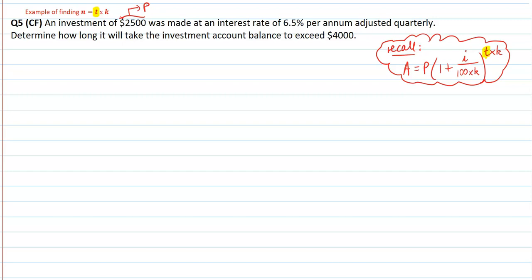So principal of 2,500, interest 6.5% per annum, adjusted quarterly. Case 4, how long? We're after the time in years, and it's going to exceed $4,000, so this is our A value. So we want an A value that's greater than $4,000.